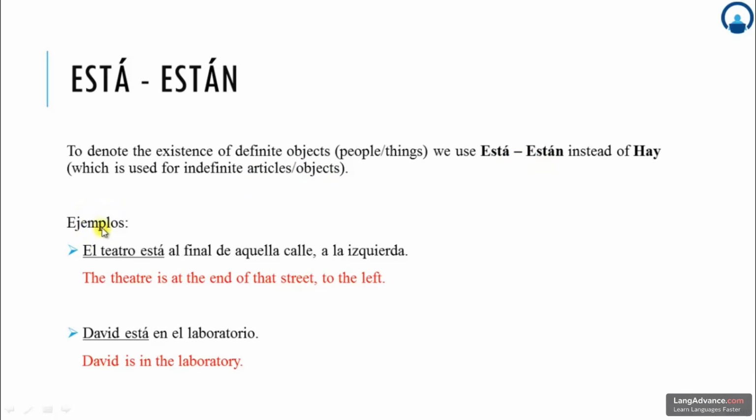For example, el teatro está al final de aquella calle, a la izquierda. That means the theater is at the end of that street, to the left. David está en el laboratorio.